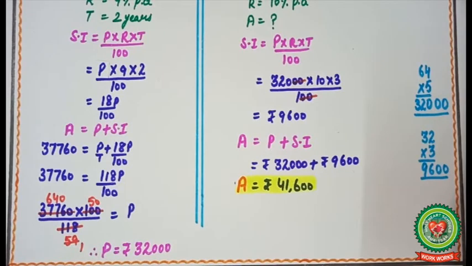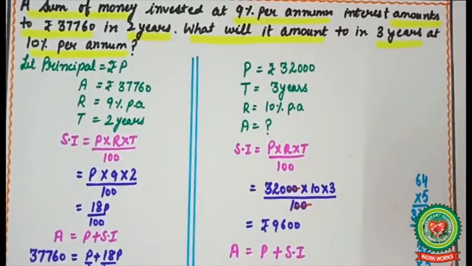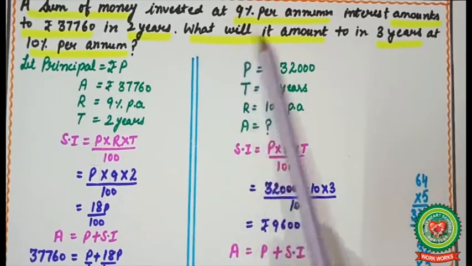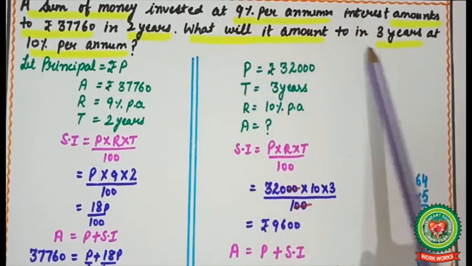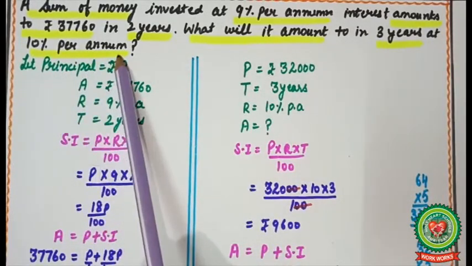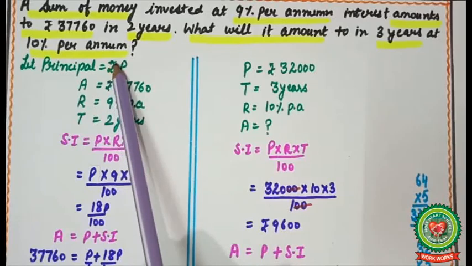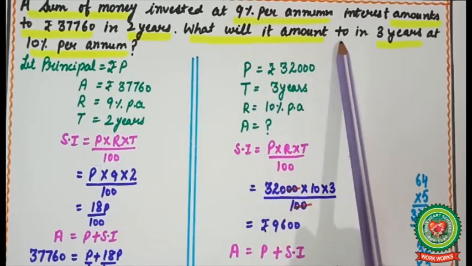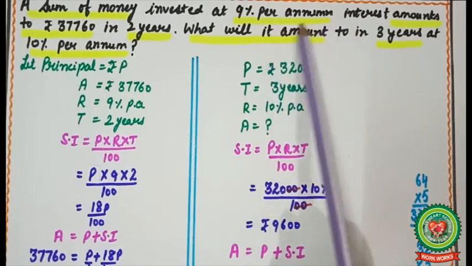Now students, we will reread the statement. What will it amount to in 3 years at 10% per annum? Now, whatever money we have just found, that is the principal, what will it amount to? That means we have to find the amount now.